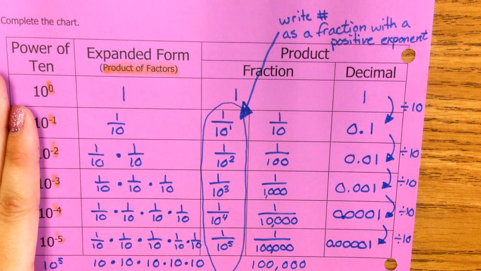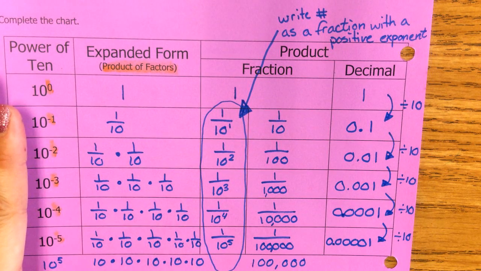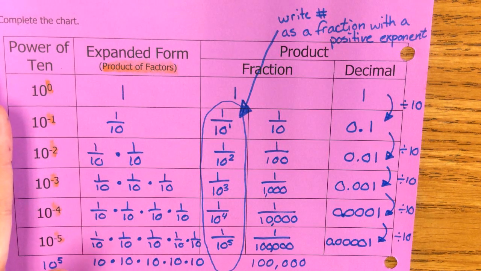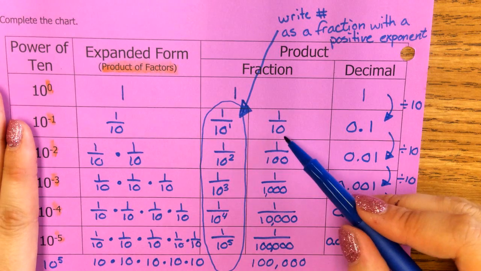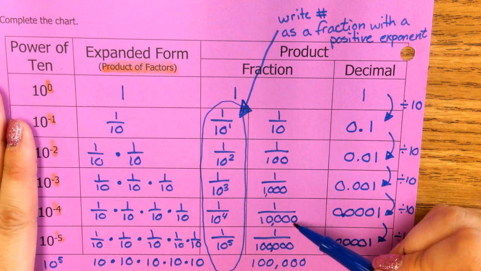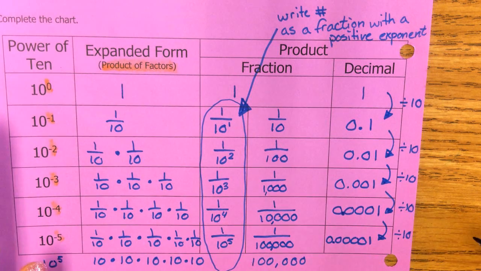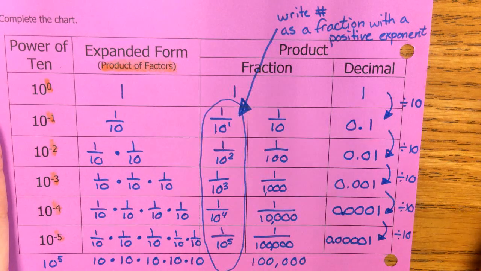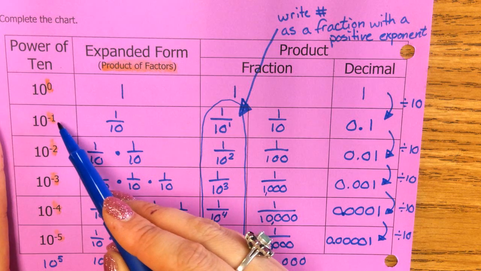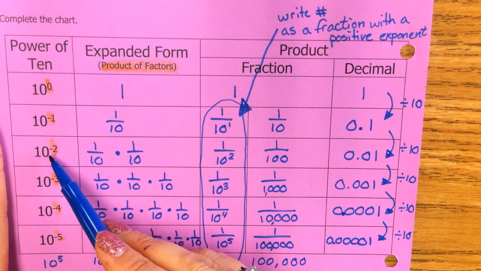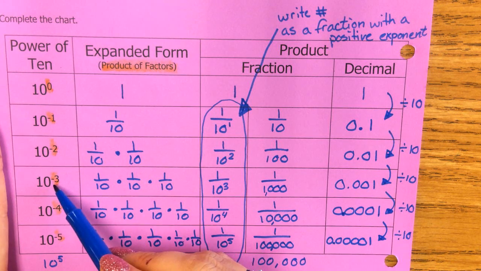So that's writing a number as a fraction with a positive exponent. That's what that means, versus just writing it as a fraction where you'd have that standard form underneath. So when you see that negative, it's bumping the 10 down to the bottom of the fraction. That's really what it's doing. This says bump the 10 down. This says bump 100 down, bumping the 1,000 down.